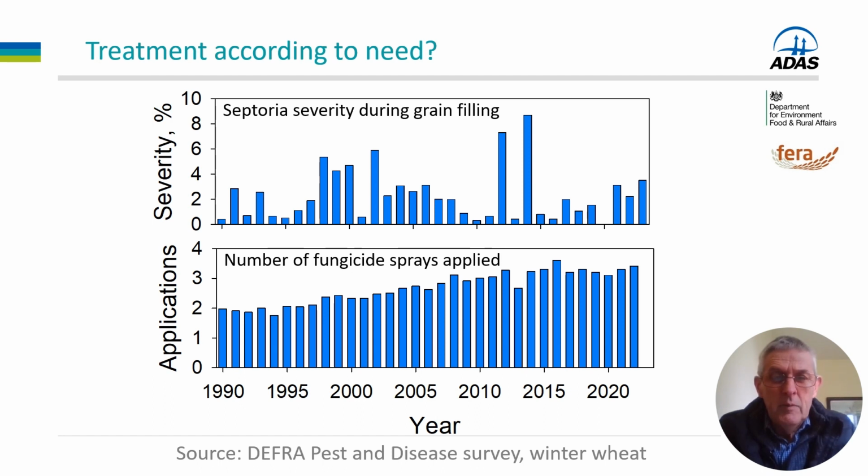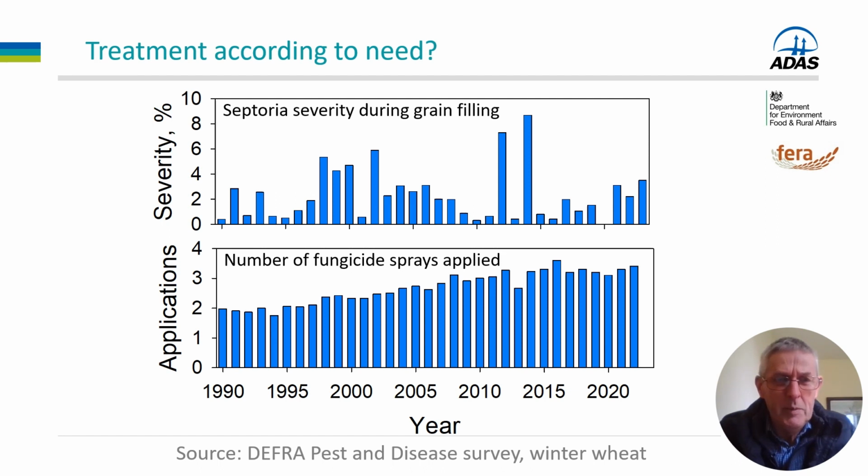So what we've got here are data from the Defra Pest and Disease survey since 1990, where we've been out to a couple of hundred winter wheat crops each year, measured the amount of Septoria in this case during grain filling, and also gathered data on the number of fungicide sprays applied in the bottom chart.